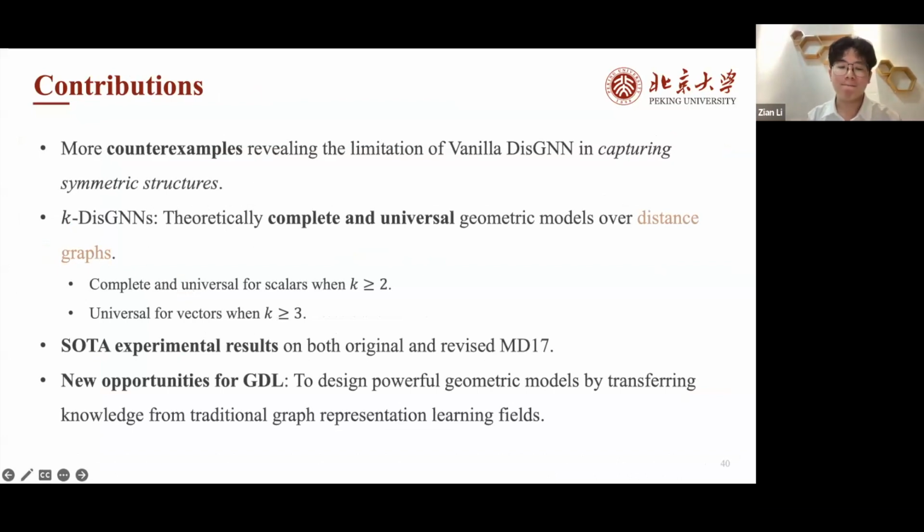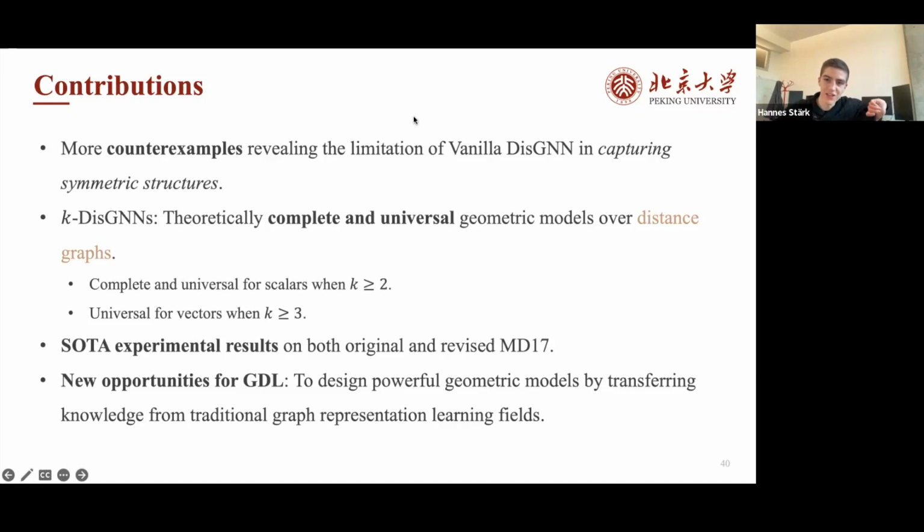So maybe it is another way to achieve completeness and universality compared to those equivariant models. Maybe we can design other powerful geometric models on this kind of representation. And actually, our recent work is still based on distance graphs, and our experimental results are very promising. And yeah, that's all.